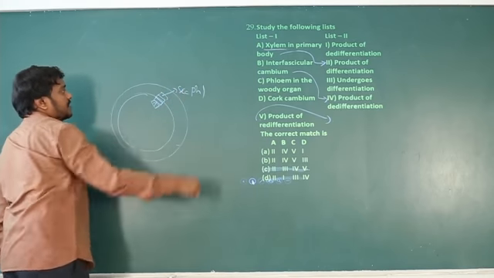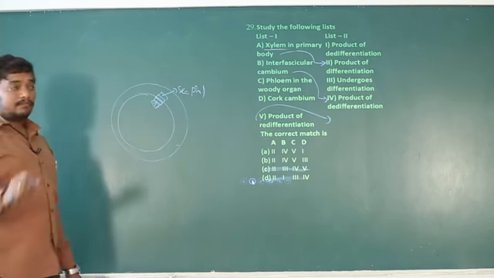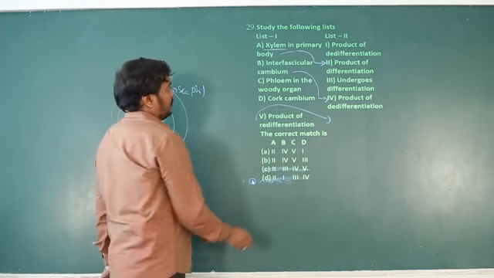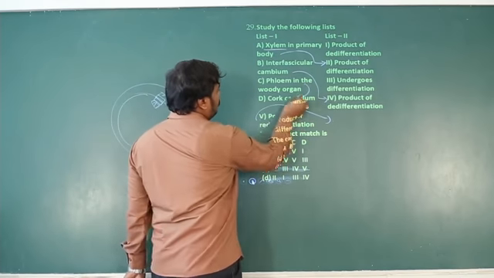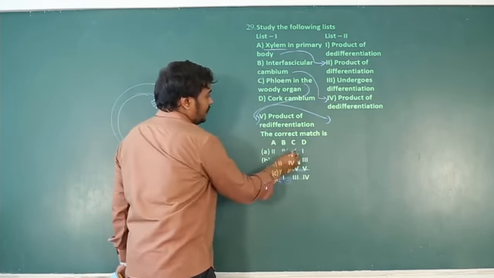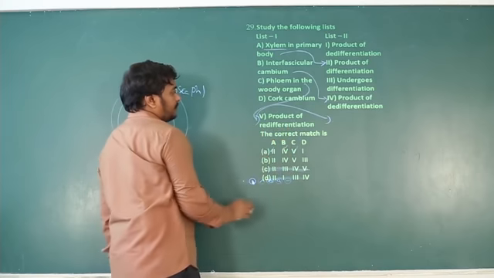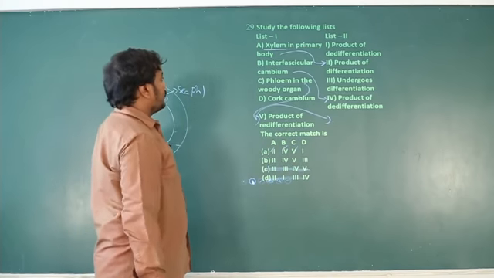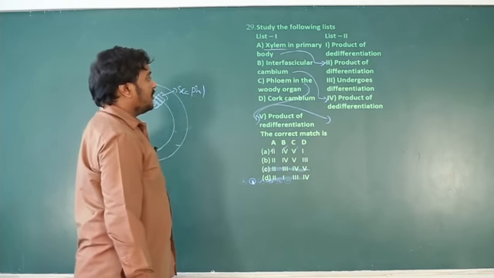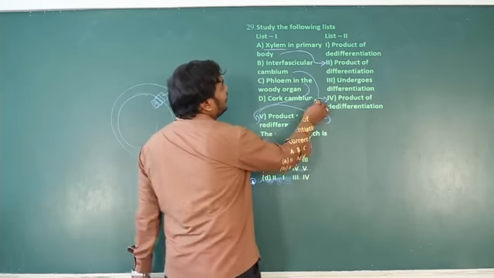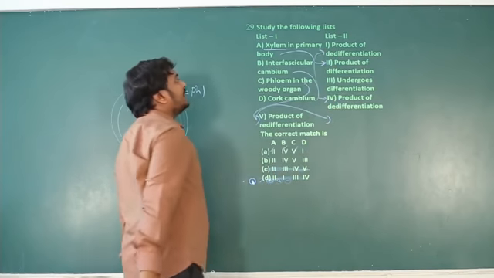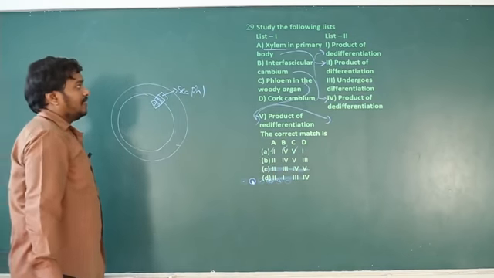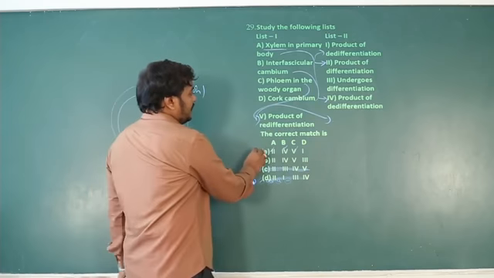The formation of this secondary phloem is redifferentiation. So C should be 5. Okay, then come to the last one, cork cambium. Cork cambium is the product of de-differentiation. Yeah, it is a de-differentiated product. So A is the right one.